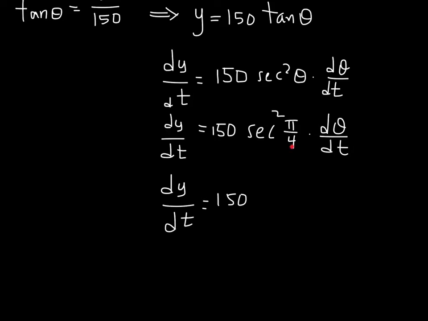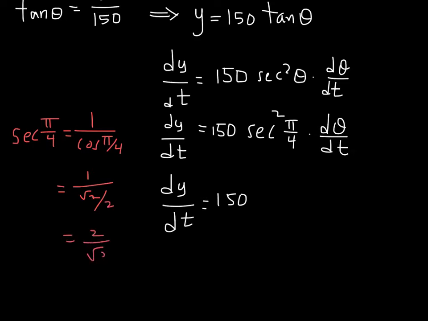So it's the reciprocal of root 2 over 2, which is 2 over root 2. But when you rationalize, you get 2 root 2 over 2, which is just root 2. So this is root 2 squared.